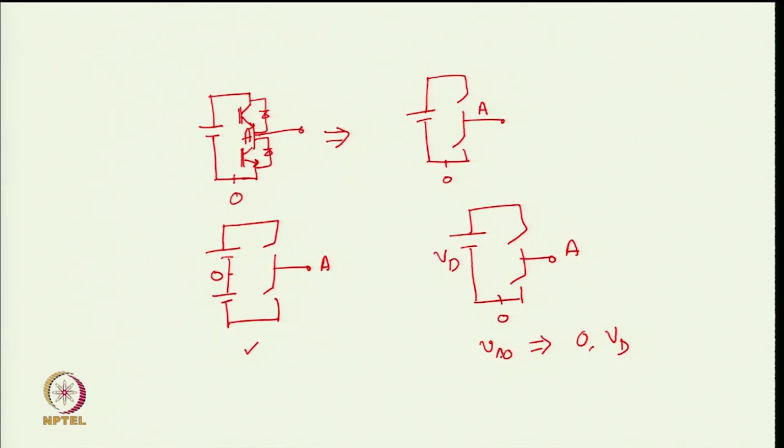The VAO voltage always oscillates or fluctuates between 0 and VD. On the other hand, the VAO voltage here always fluctuates between VD by 2 and minus VD by 2.